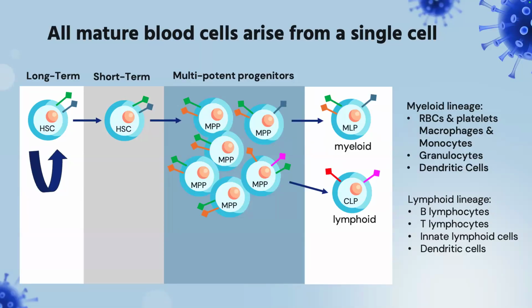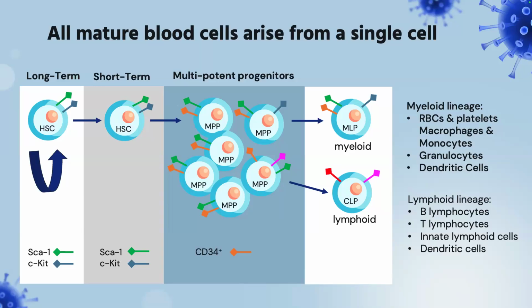Now, these populations of cells can be identified by the presence of certain surface markers as well as the absence of others. So, for example, HSCs can be identified from other cells by the presence of the surface markers SCA1 and c-KIT. MPPs also contain these receptors as well as another receptor called CD34.